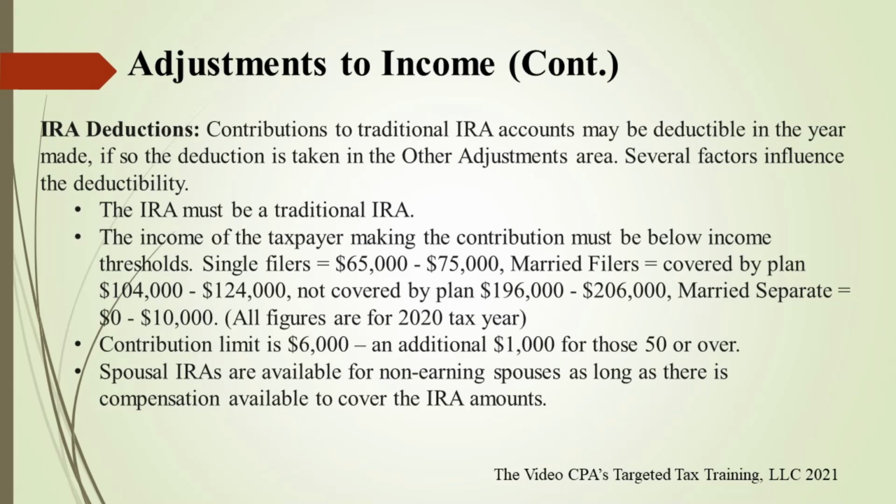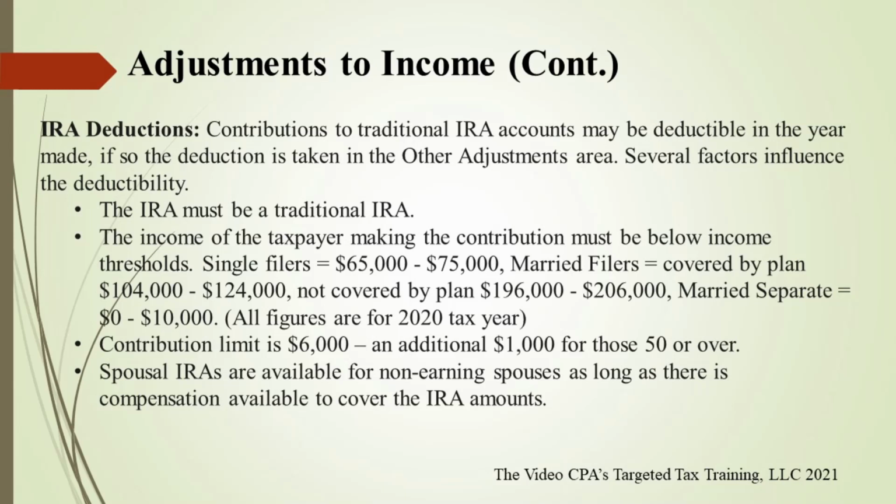And you've got to be within the income limits, okay? It does matter whether you're covered by a pension plan at work or not. If you're covered by a pension plan, the income thresholds for your modified adjusted gross income are actually less than if you're not covered by a pension plan.